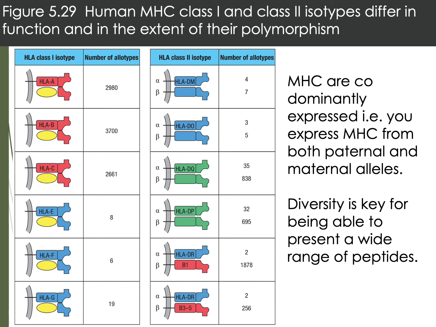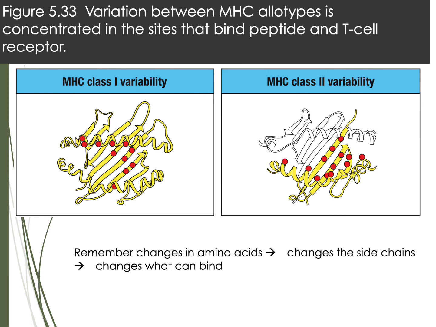There can also be polymorphisms, where we have single nucleotide changes that can lead to a single amino acid change, which leads to a side chain change. So that can affect what peptides can bind in the groove. Here you can see how certain sites are important. Where we see those red dots are critical to binding of the peptide in the peptide binding groove.